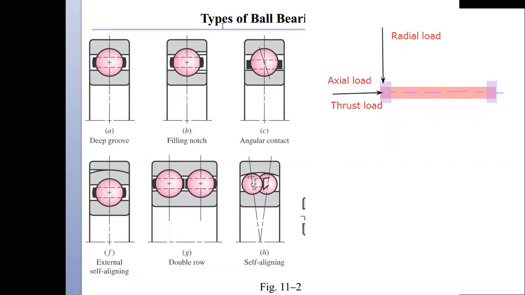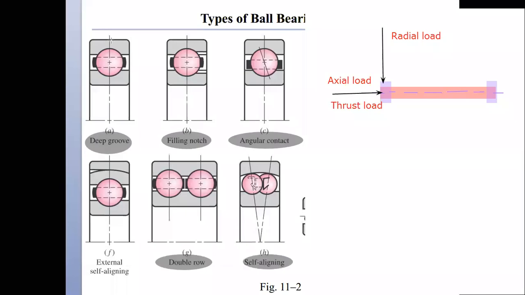Now, if we look over here, there are different types of bearings. For example, this deep groove ball bearing, and similarly filling notch, angular contact, self-aligning, double row, and so on.